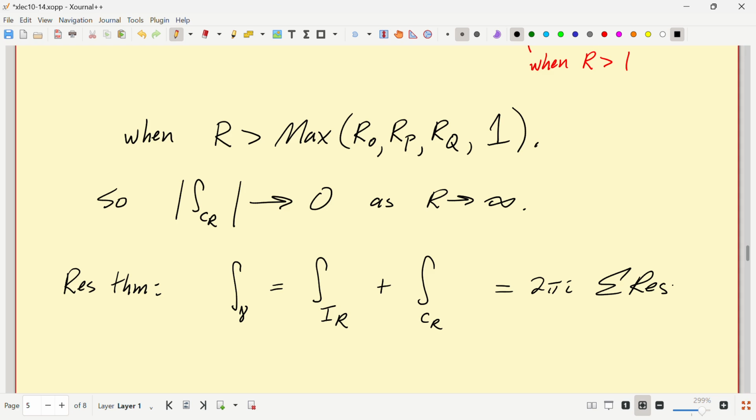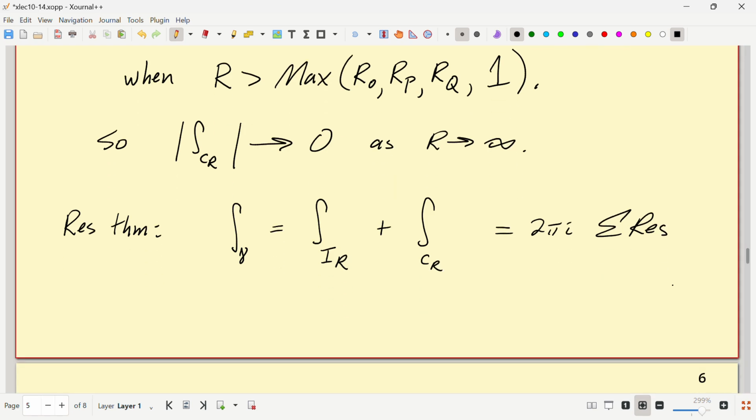And now I let r go to infinity. This one tends to the integral I want, call it I. This one tends to 0, and I get that the integral I want is equal to the sum of the residues.